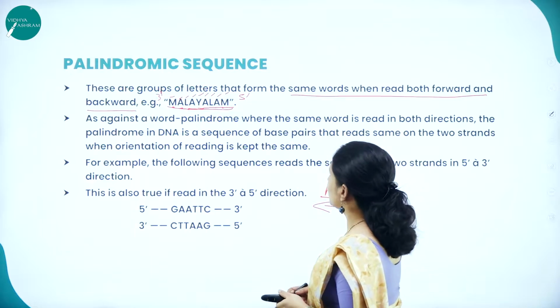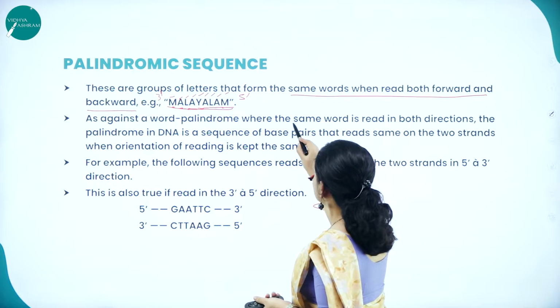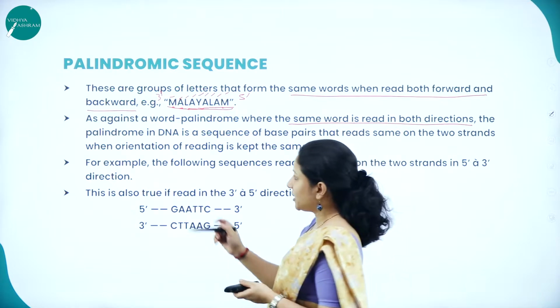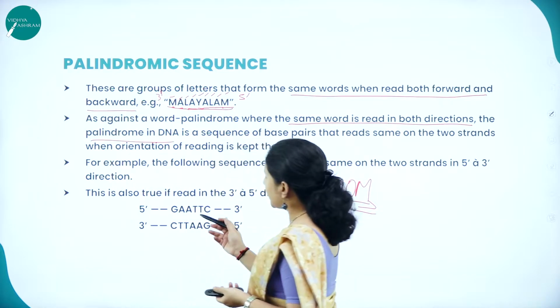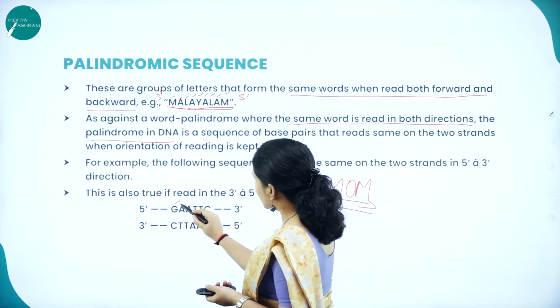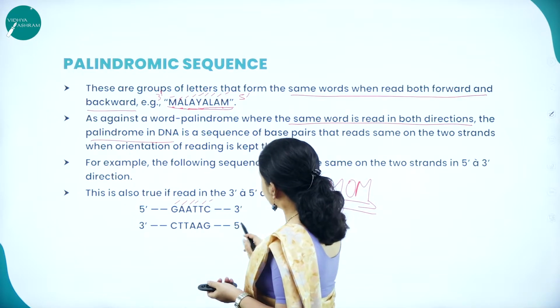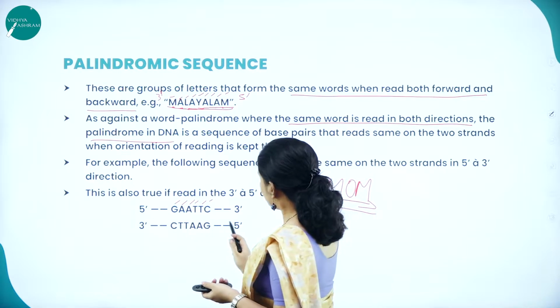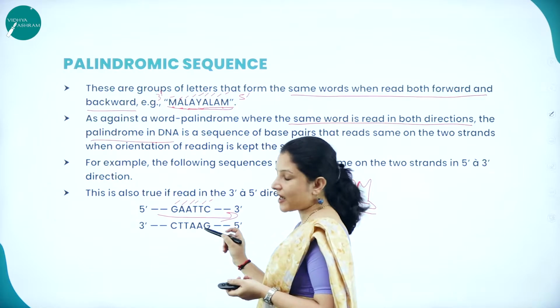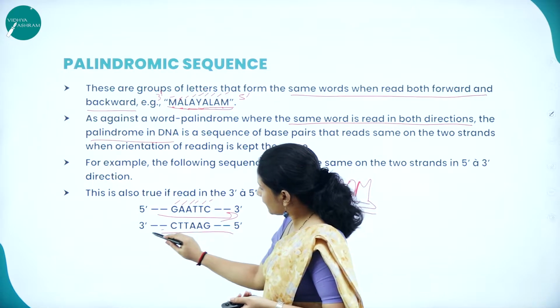As against a word palindrome, where the same word is read in both directions, the palindrome in DNA, as I told you, can you see here? If you read it from 5' to 3', it is GAATTC. You read it in this direction on one strand, and on the other strand you read it from this direction.